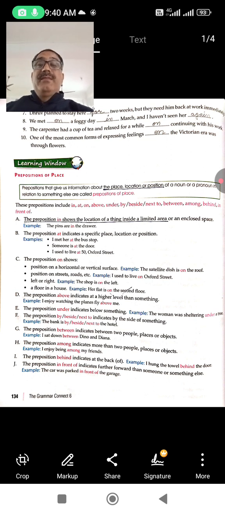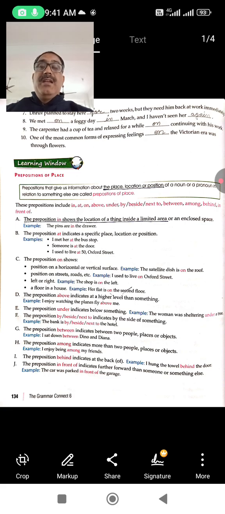Rule C, the preposition on. Where is the preposition on used? The first is a position on a horizontal or vertical surface. For example, the satellite dish is on the roof. Second, position on streets, roads, etc. For example, I used to live on Oxford Street.